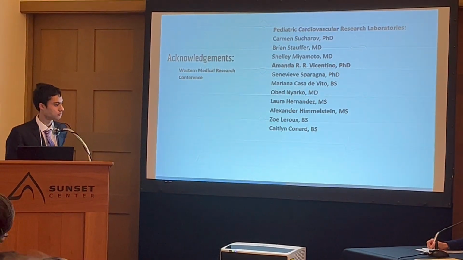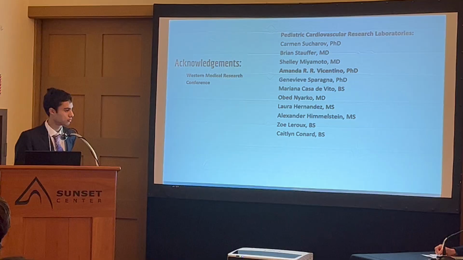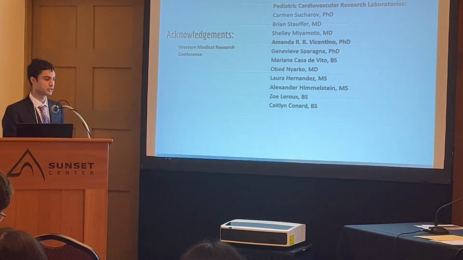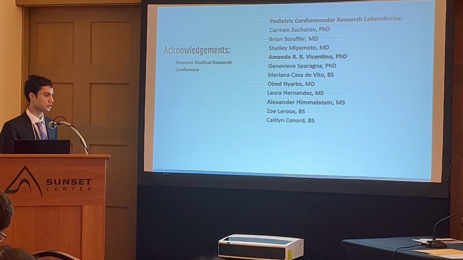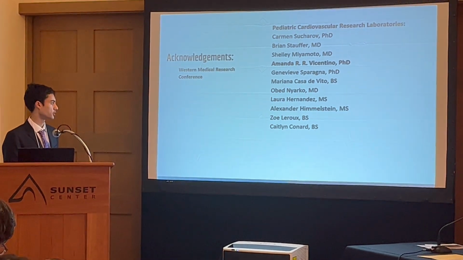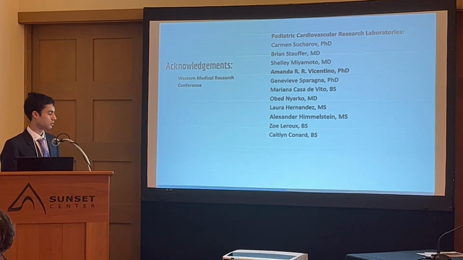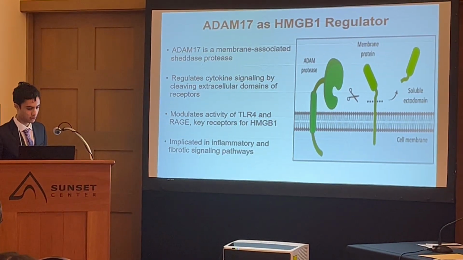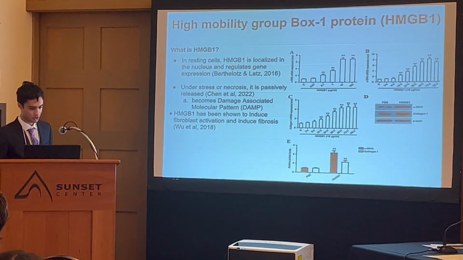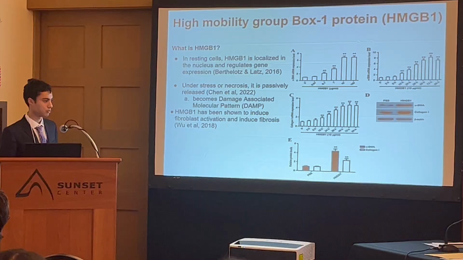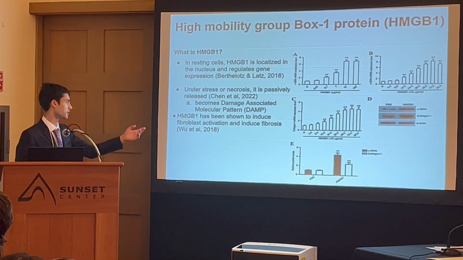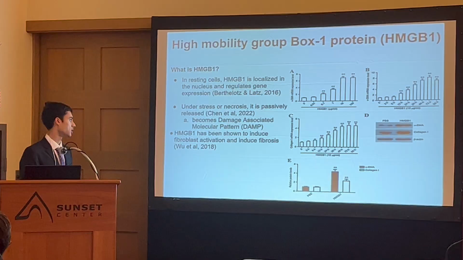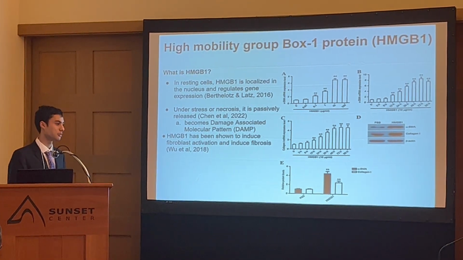And what's the biological effect of HMGB1 in general? It's been shown to induce a lot of fibrosis, and it's also been implicated in a lot of inflammatory pathways. When the cell is under stress, as I said earlier, it's passively released, and it becomes a damage-associated molecular pattern.